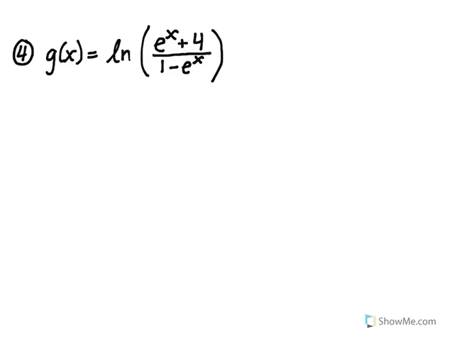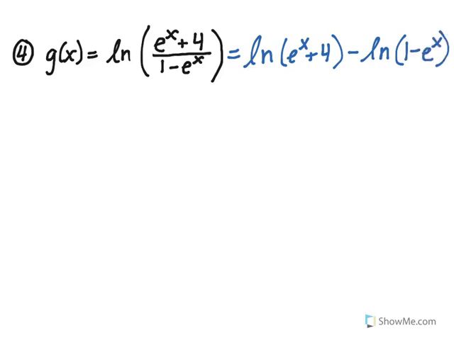Problem number 4. G of x is equal to the natural log of e to the x plus 4 over 1 minus e to the x. So the first thing I'm going to do is split this using the properties of logarithms. So the natural log of a quotient is equal to the natural log of the numerator minus the natural log of the denominator.